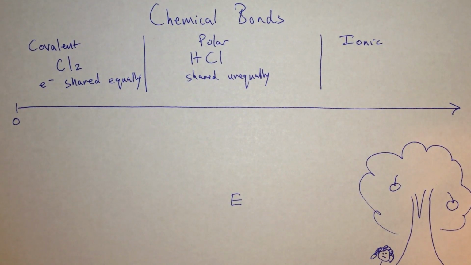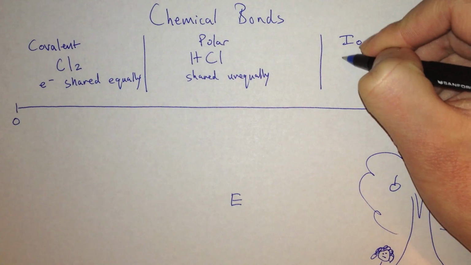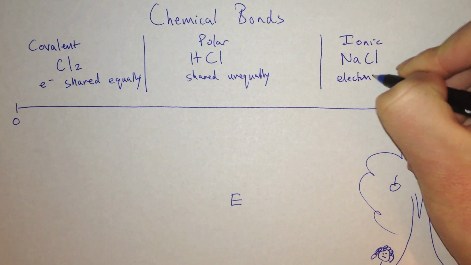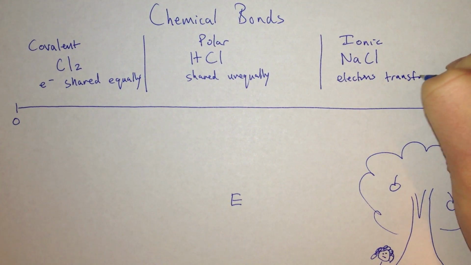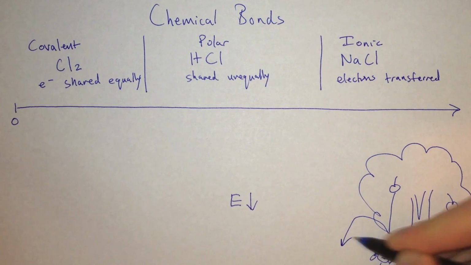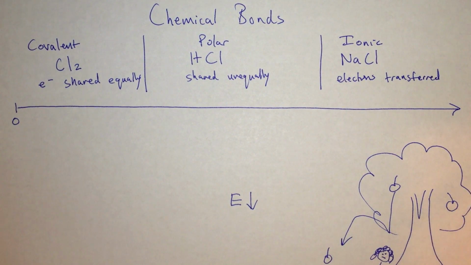And in an ionic bond, we say that the electrons are transferred. This happens because the compounds, when they bond, try to reduce their energy, just like an apple falls off of Newton's head in order to reduce its gravitational potential energy.